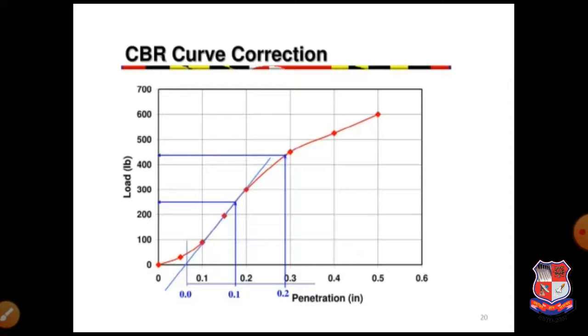After performing the CBR test, a graph of penetration versus load is generated. The red line does not give a uniform relation, so to get a uniform relation between penetration and load, this graph is modified or corrected as shown in the figure. In this figure, the zero point is shifted to a new position on the right side.